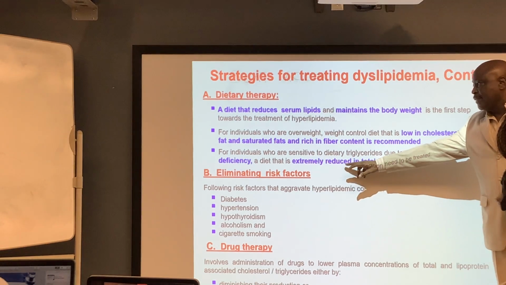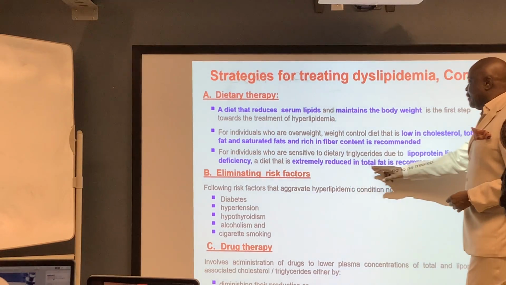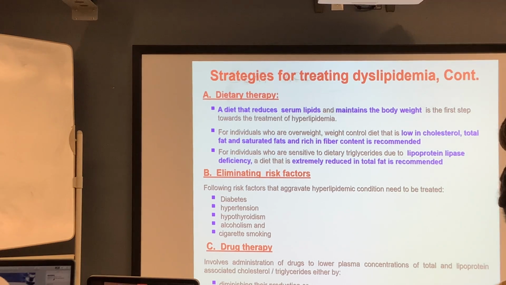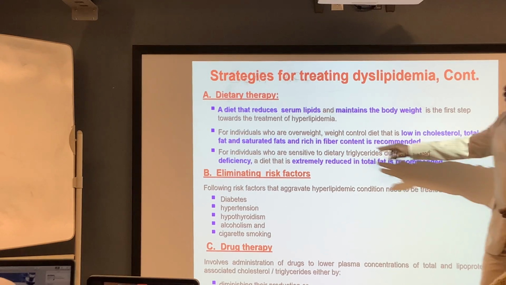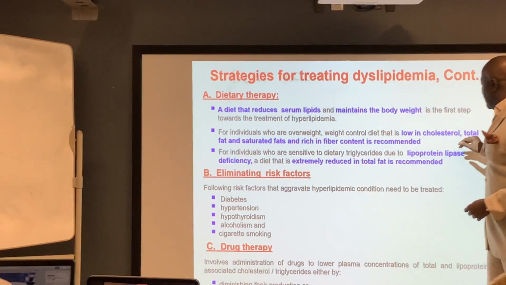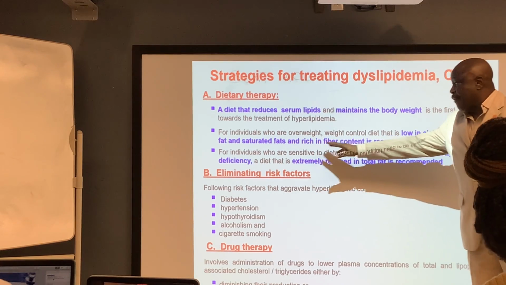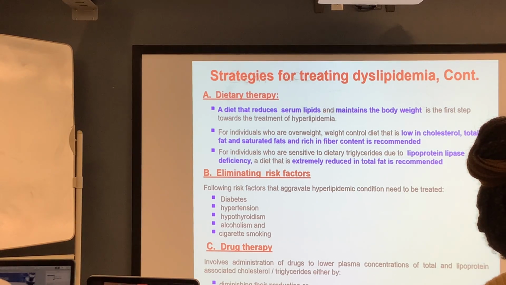So in that case, the diet that is extremely reduced in total fat is recommended because they do not have this enzyme. So they do not have the luxury of even just reducing the saturated fat. They just have to eliminate it completely.